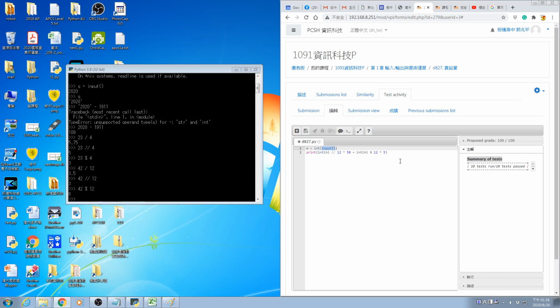Then we put the string inside that int function, convert that string into an integer and save it in n. Then this n will be an integer. Will that work? Yes, it will work. And then we don't need to do it anymore. Just one time will be enough. Like this.